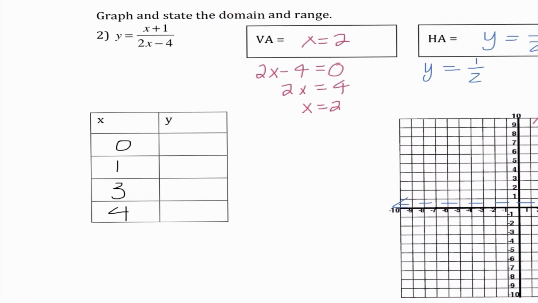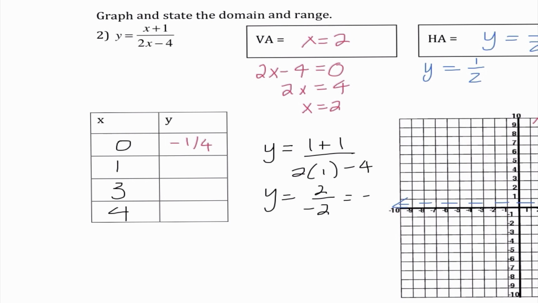If I substitute those in, y equals (0 plus 1) over (2 times 0 minus 4), I get negative 1/4. So (0, negative 1/4) is a solution here. Now let's try 1. I get y equals (1 plus 1) over (2 times 1 minus 4), so y equals 2 over negative 2, which is negative 1.